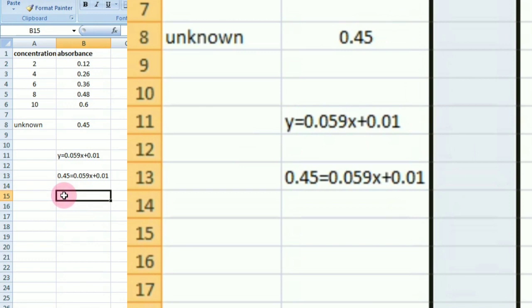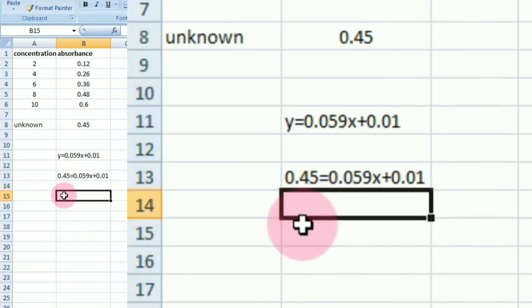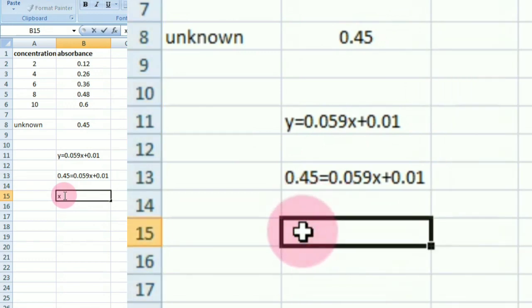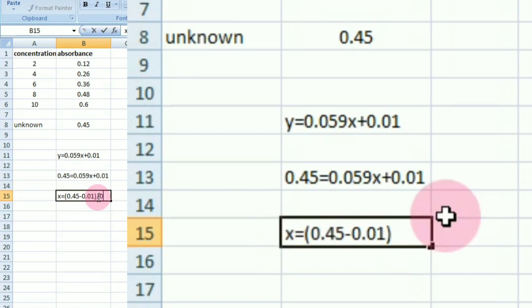By solving this equation, I would get the x value. x will be equal to 0.45 minus 0.01, divided by 0.059.